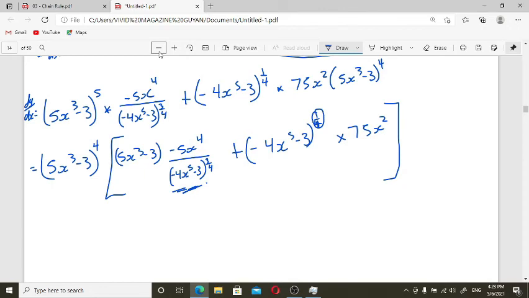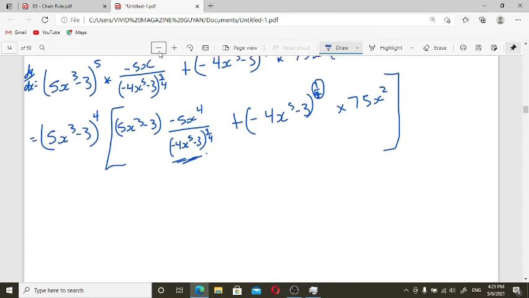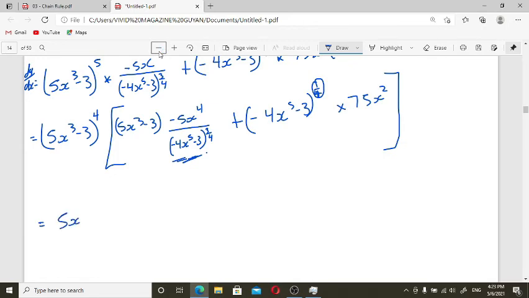But again, this is just me solving this out. Like I said, I just work problems and do my research. So I am just going to continue. This is equal to 5x cubed minus 3 to the 4th of this here, minus 4x to the 5th minus 3.